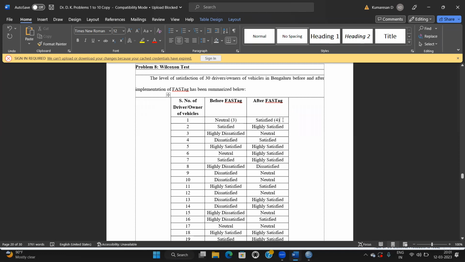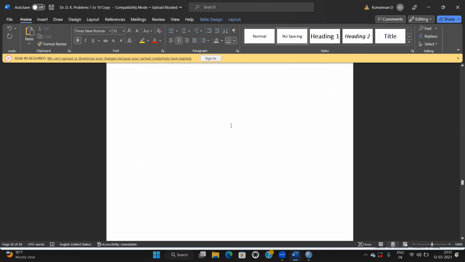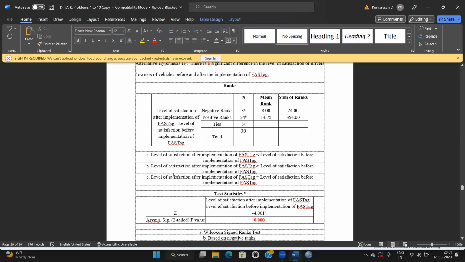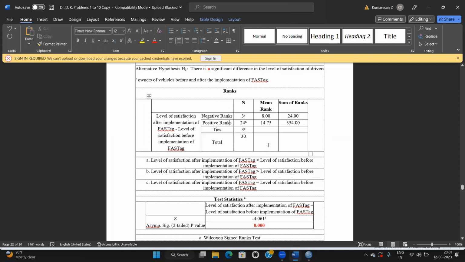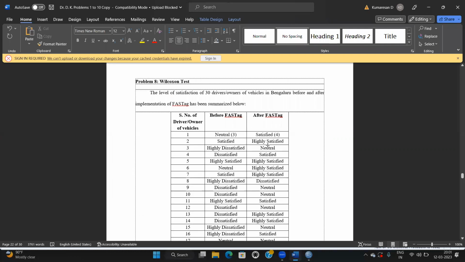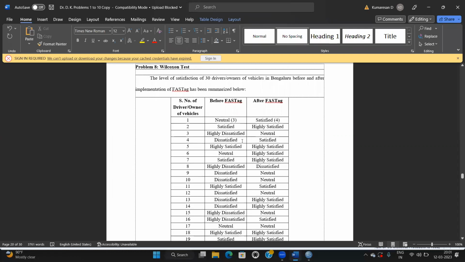If after score is greater than before score, it is considered as positive rank.